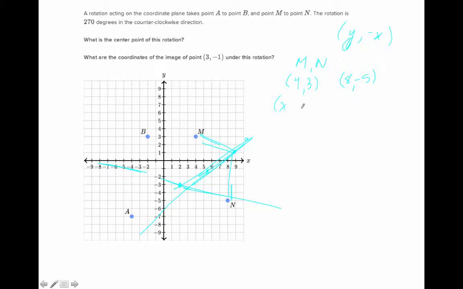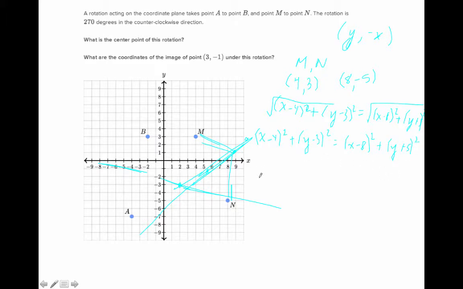So it's really the square root of (x minus 4) squared plus (y minus 3) squared equals the square root of (x minus 8) squared plus (y plus 5) squared. But we can drop the square root because it's on both sides. So (x minus 4) squared plus (y minus 3) squared equals (x minus 8) squared plus (y plus 5) squared.